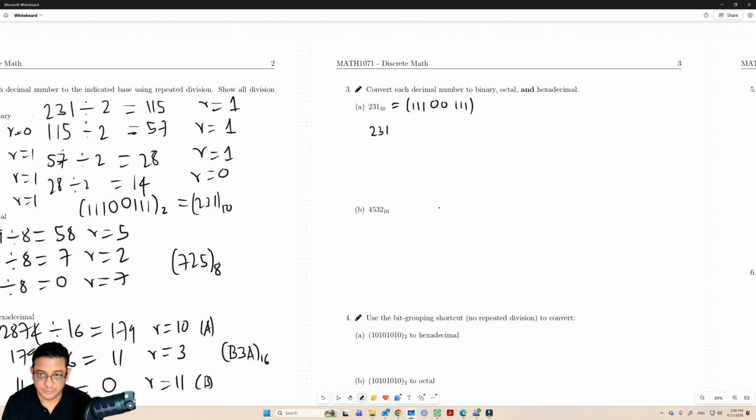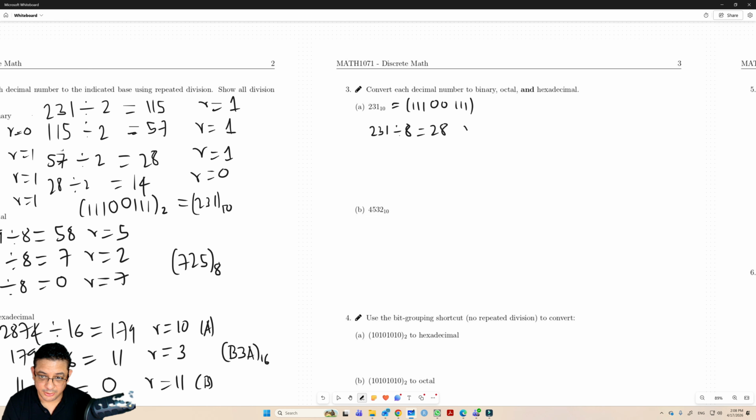The easiest way to do this is by doing groupings, but you can also do it by simply dividing. So 231 divided by 8 is going to be 28, right? And 28 times 8 is 224.